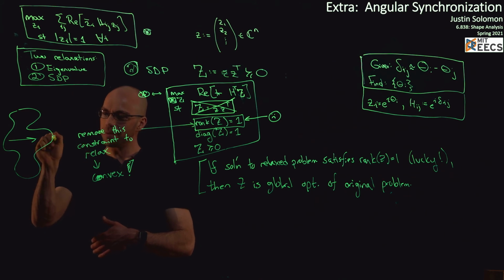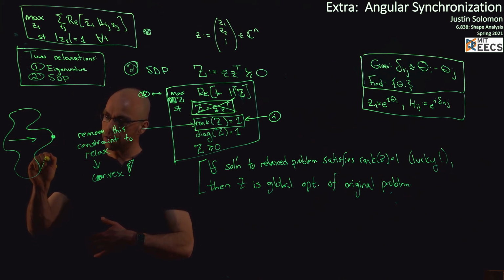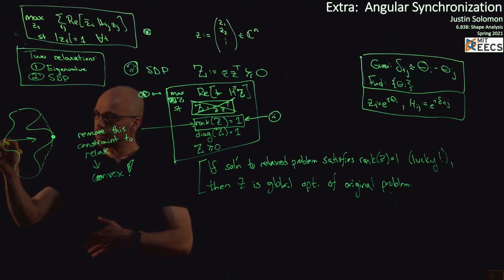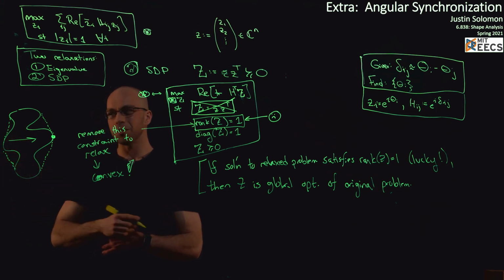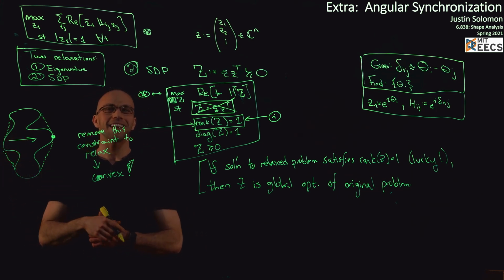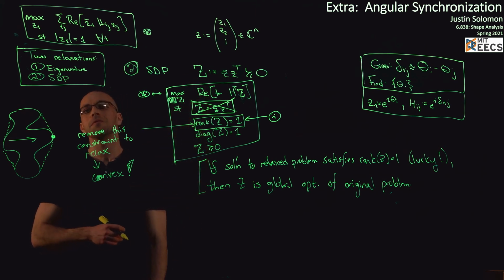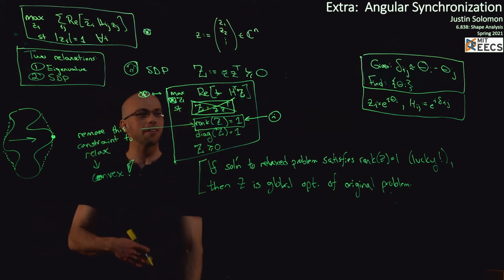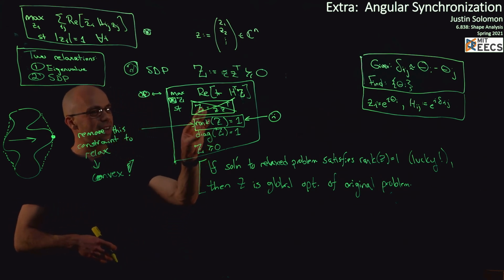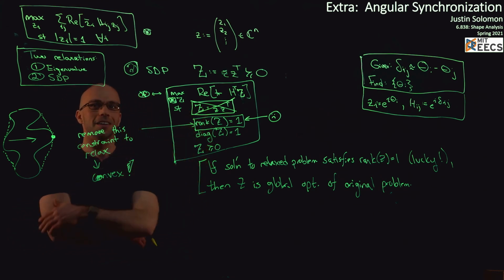So my optimal point is here. And notice that if I were actually working on the convex hull of my problem, that optimal point wouldn't change. This is the beautiful thing going on behind this SDP relaxation: we removed constraints, but somehow we removed just enough of them to make our problem convex.